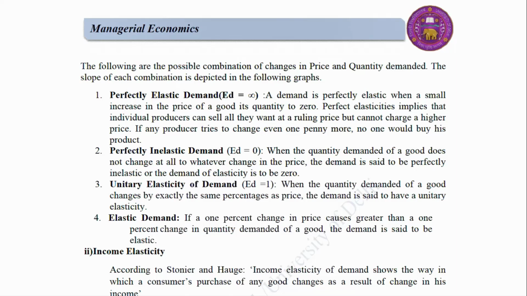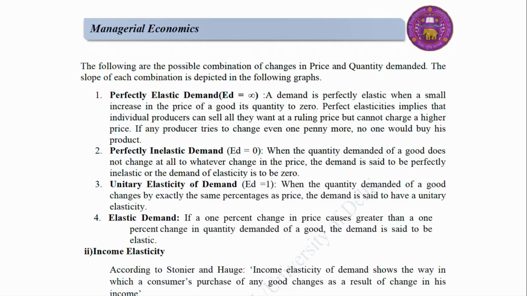Second, perfectly inelastic demand, ED equals 0. When the quantity demanded of a good does not change at all whatever the change in the price, the demand is said to be perfectly inelastic, or the elasticity of demand is said to be 0. Third, unitary elasticity of demand, ED equals 1.